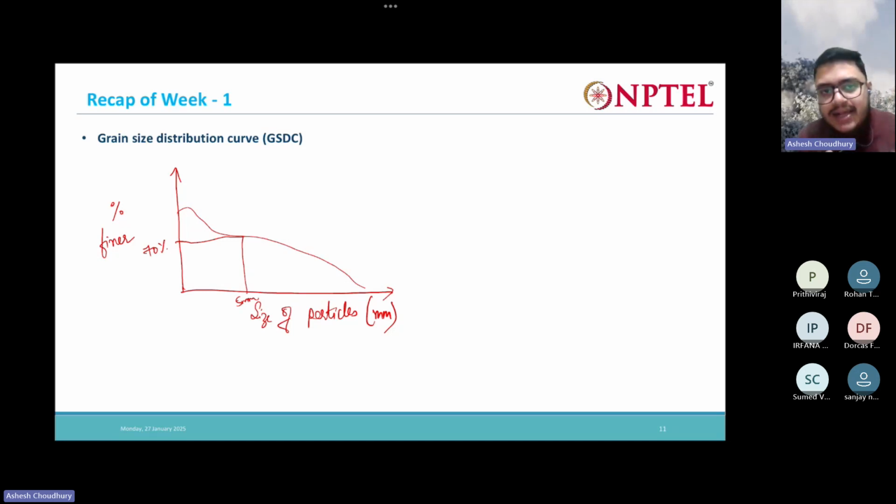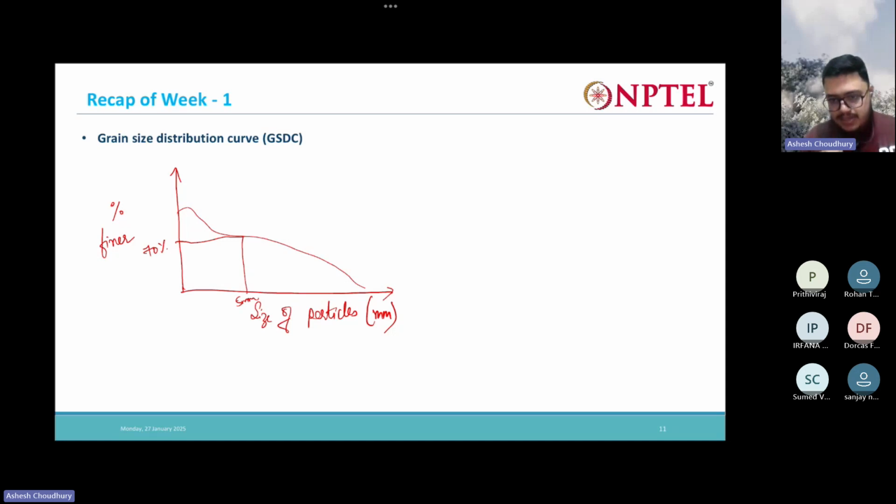Say I go out and you go out, remember the amount of soil you have taken in your fist. If you want to find the grain size distribution of that soil, what is the method to determine it?